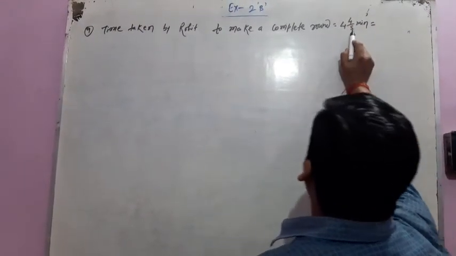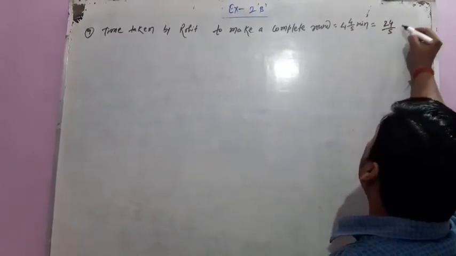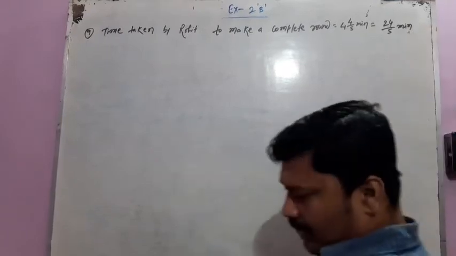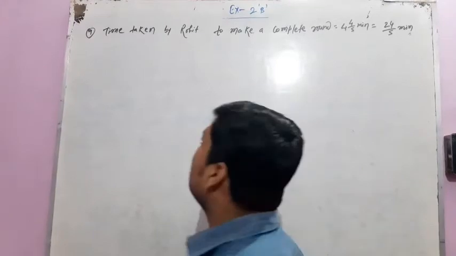So we are solving here the mixed fraction. 5 4s are 20 and 4, 24 by 5 minutes. It is asked in the question, how much time will it take for 15 rounds?